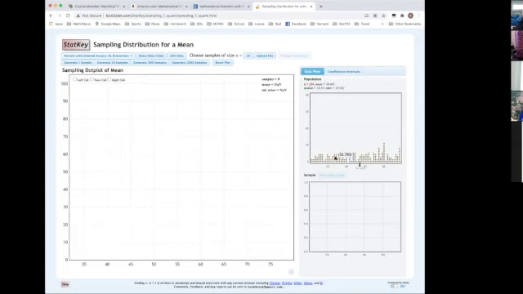Each of these dots is telling us what percent of the country has access to the internet. We can see that this is not a normal distribution at all. It's almost more like a uniform distribution. So the population is not normally distributed, but I can see that the population mean is about 55%.